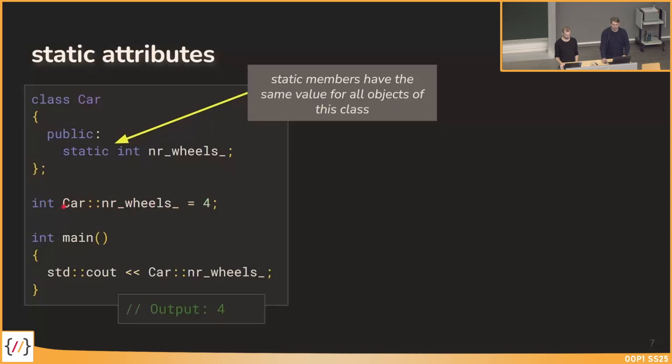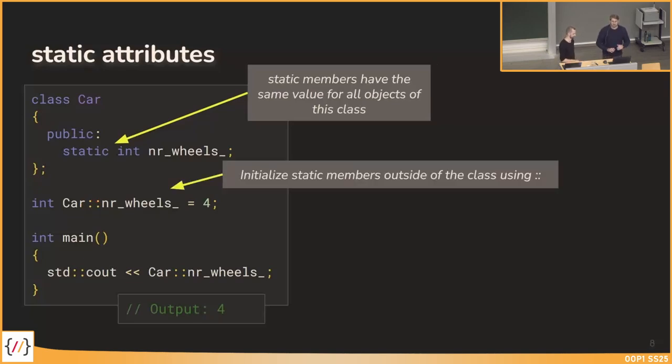We have the Car class name here, and then, as we know it from namespaces, or even enum classes, we use the scope resolution operator, so just the two colons here. With this, we can initialize static member variables of a class using the double colon, the scope resolution operator.